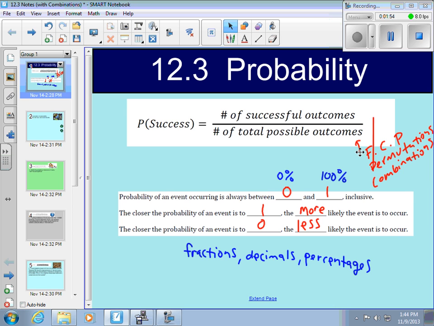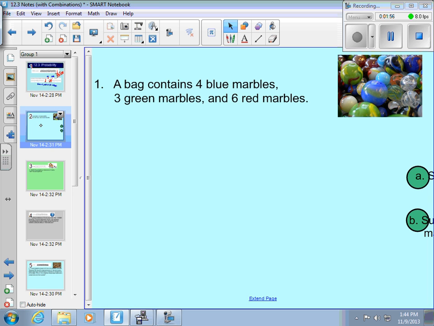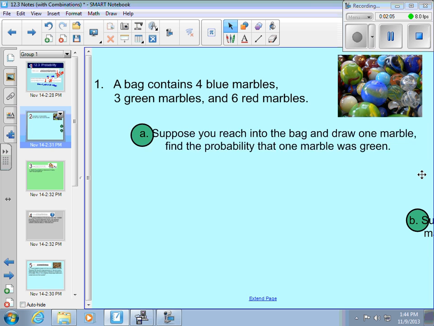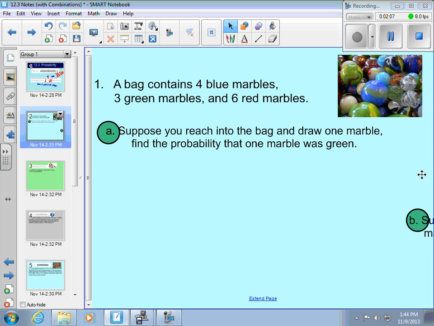Okay, let's actually try some problems out, some simple probability problems. Number 1 says a bag contains 4 blue marbles, 3 green marbles, and 6 red marbles. What they want us to figure out in A is, suppose you reach into the bag and draw 1 marble, find the probability that the marble was green.